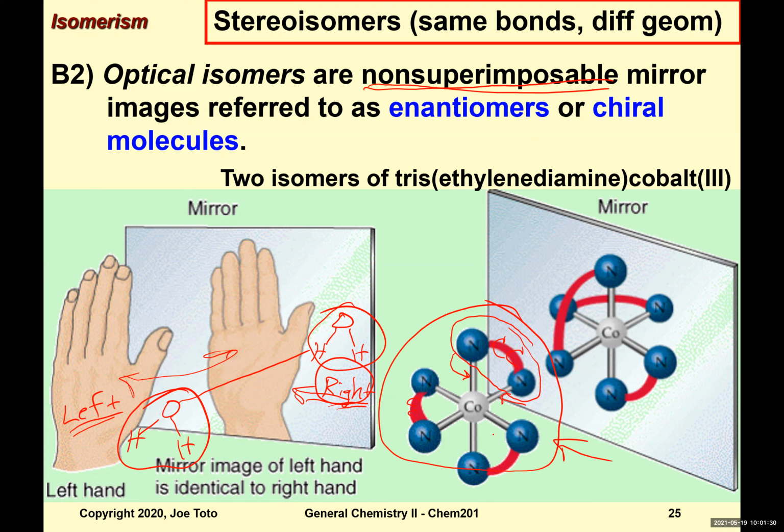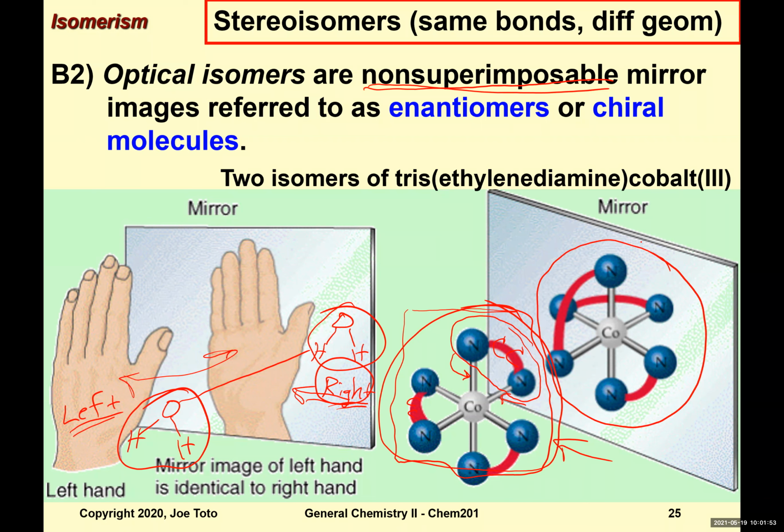Now, if I build this, say with my molecular modeling kits that you may have played around with in Chem 200 when you were doing valence shell electron pair repulsion theory, you can build this, put it up to a mirror, and then build this reflection.